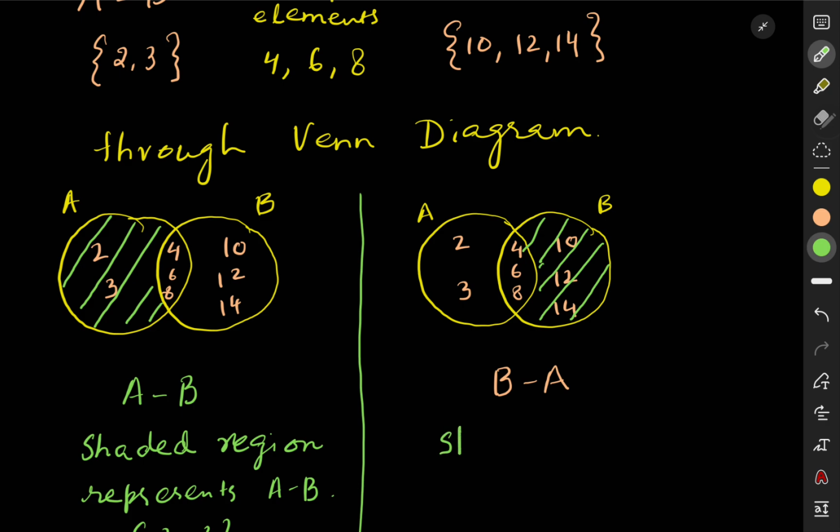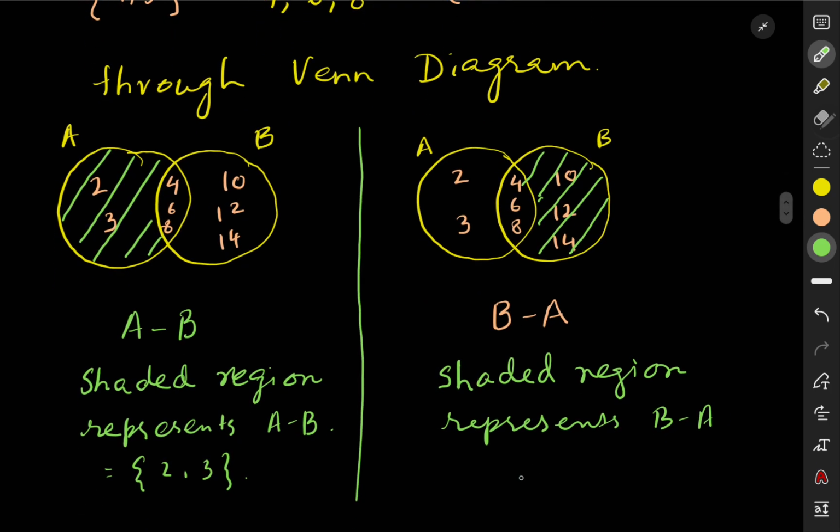We may write here, shaded region represents B minus A, which is equal to 10, 12 and 14.